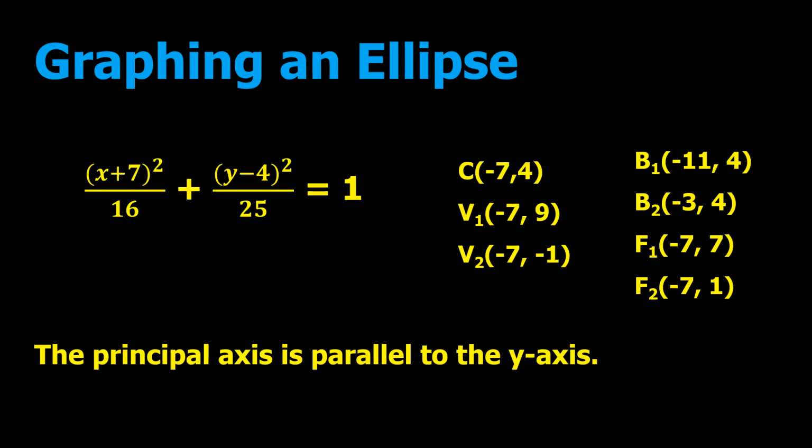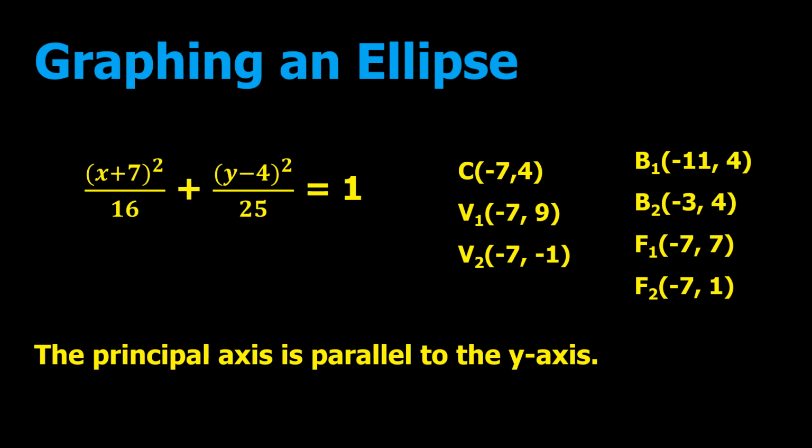So, 4 plus 5 equals 9 and 4 minus 5 equals negative 1. So, the vertices are located at negative 7, 9 and negative 7, negative 1. And the intercepts, since the value of b is 4, we will add and subtract 4 to the abscissa of the center.